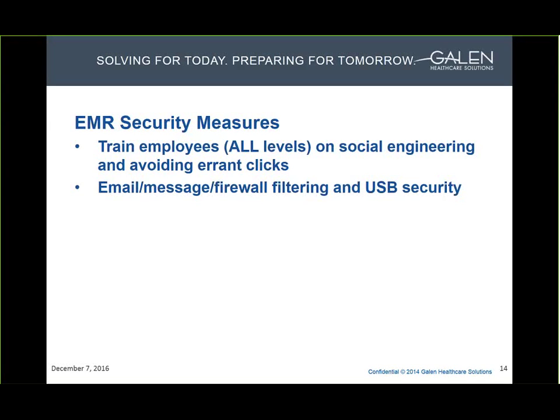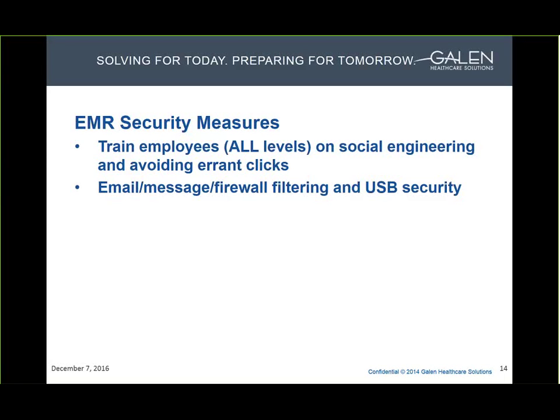Email, firewall and message filtering is also extraordinarily important. You want to make sure that the software you're using is robust enough to have multiple settings and be able to filter for certain kinds of content. I used to work in the security industry, specifically with anti-spam for a while, so I got to see all the tricks that come out there, and it's very easy to fool somebody if they're not expecting it.